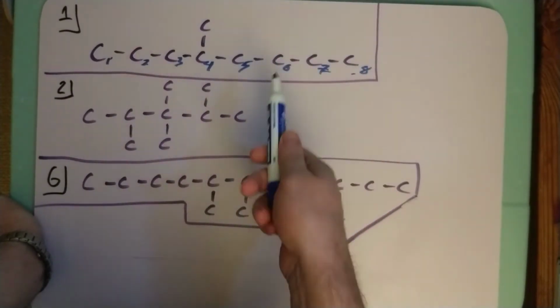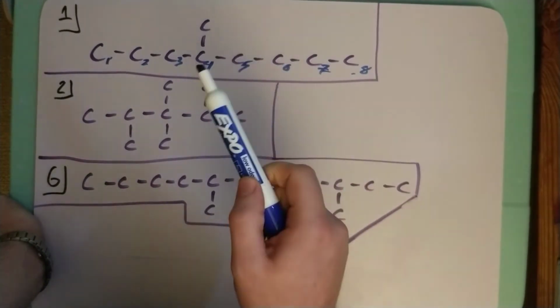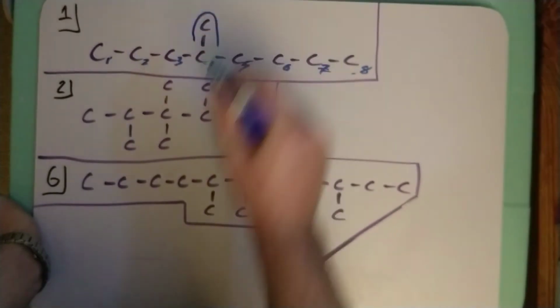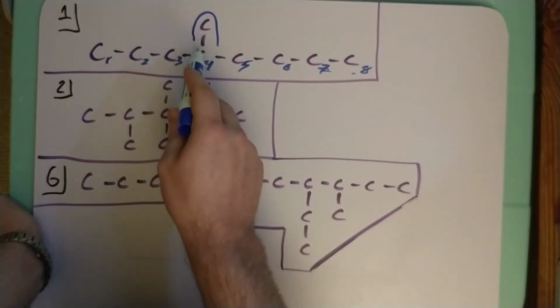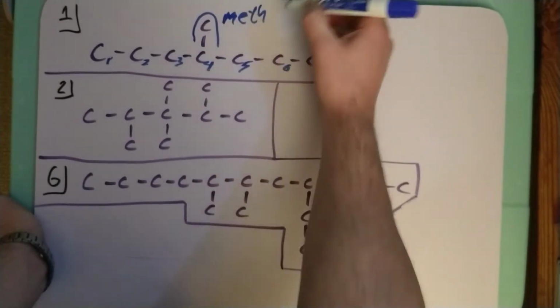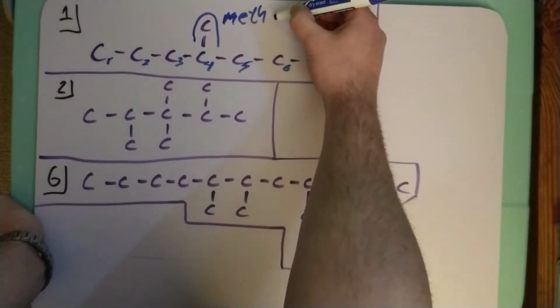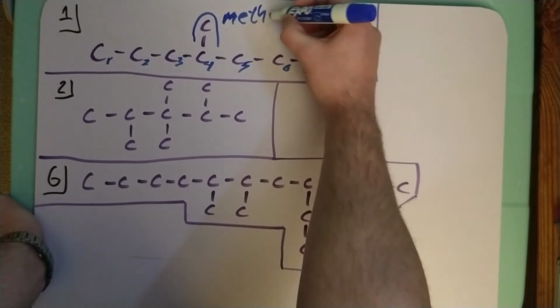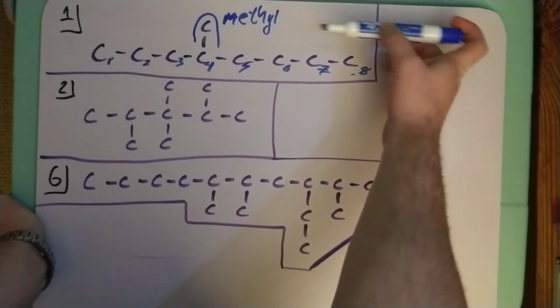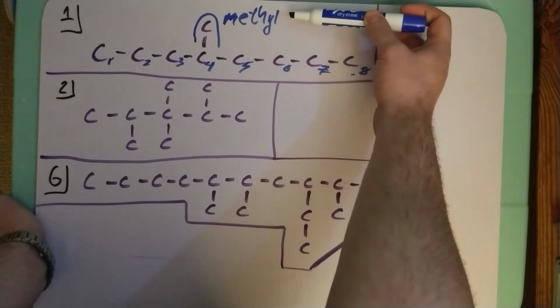If you guessed meth, you're right. Meth is 1. So, this is a 1 carbon branch, so this is going to be a meth branch. Now, when we name a branch, we add yl to the end. So this is a methyl branch.